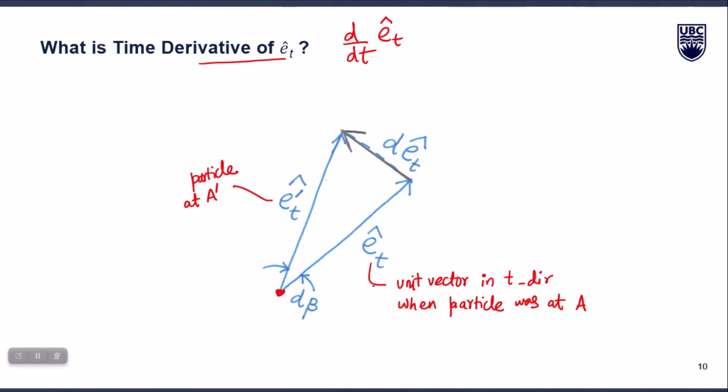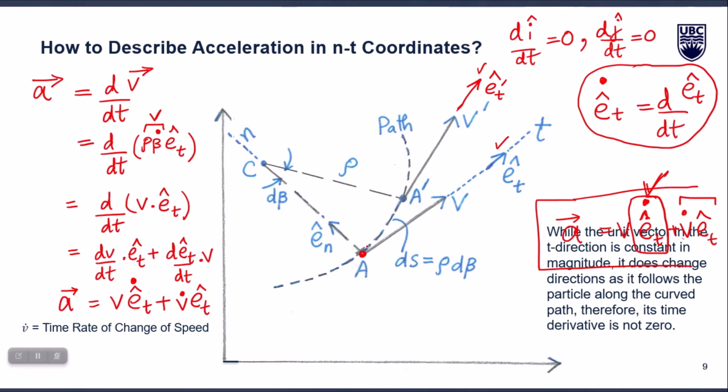Now we know that the angle which the normal direction is making at the center of curvature between A and A prime is d beta. And since the tangent is always perpendicular to that normal, the angle which E sub t and E sub t prime are making with each other should also be d beta.